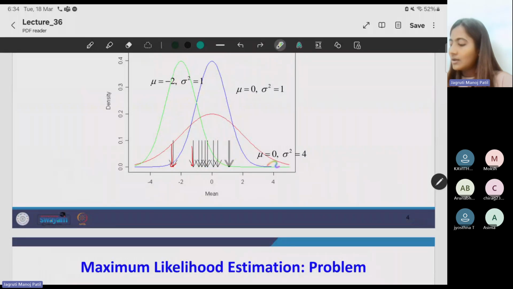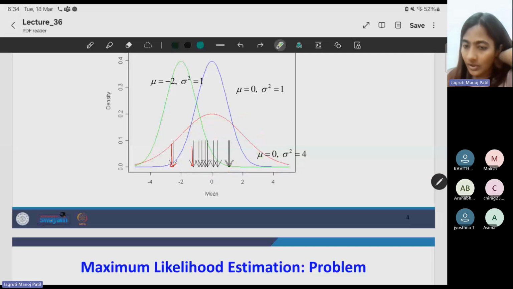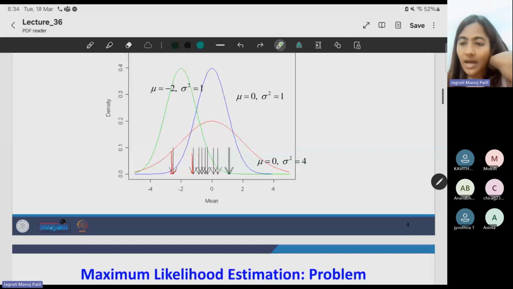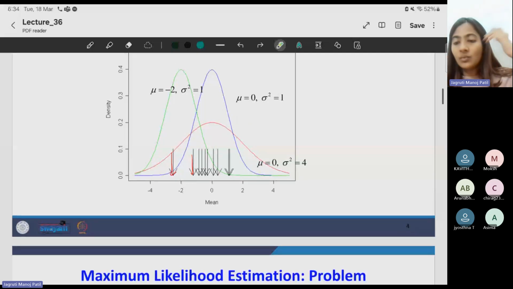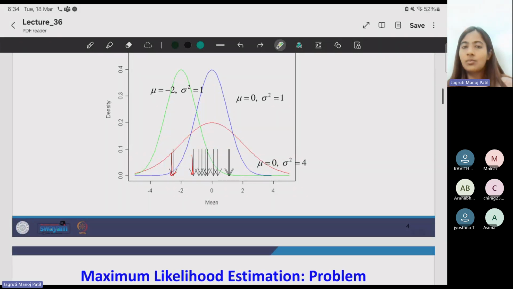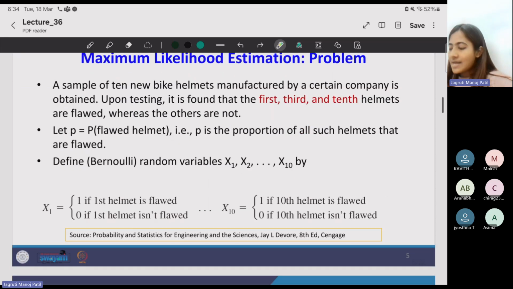This one is missing this point, but it is fitting all of the other points. So either the blue one or the red one, because it's spread all over the entire area, can be used to fit your particular model. They are all normally distributed, but which particular model has a maximum fit with respect to our data, that we need to look at. Okay, so this is one such example.